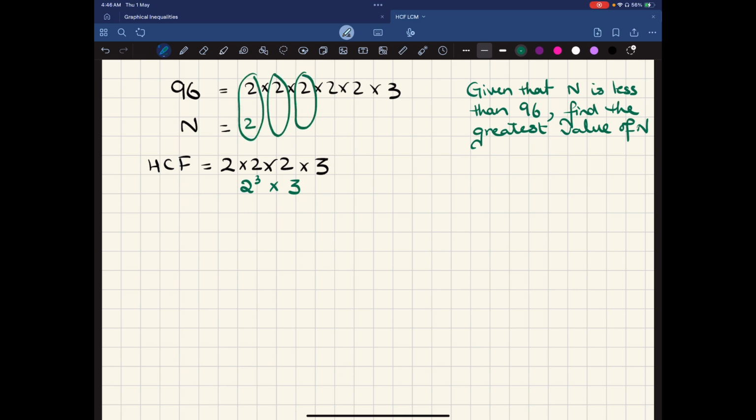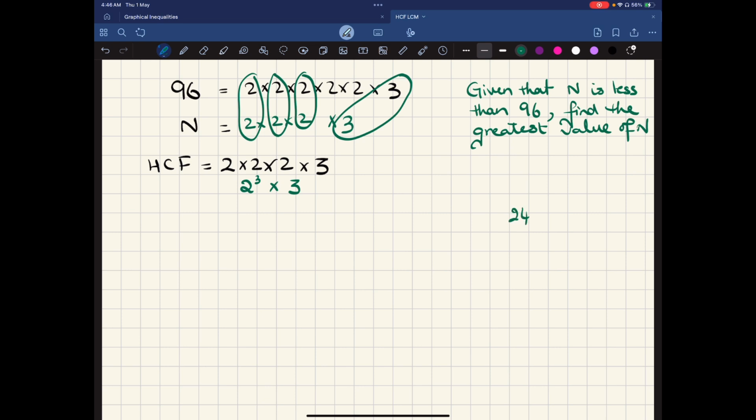So it's 2 into 2 into 2. And then we have a 3 left, so we are also going to have a 3 here, right? So what do you get? We get 3 into 2, 6, 6 into 2, 12, 12 into 2, 24.